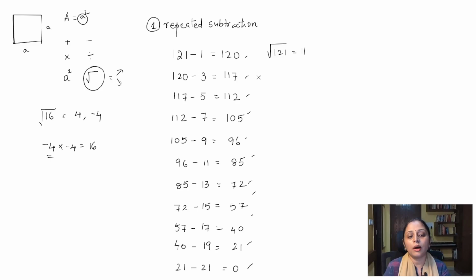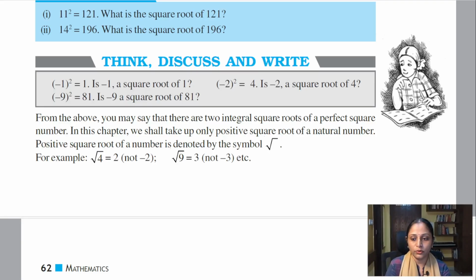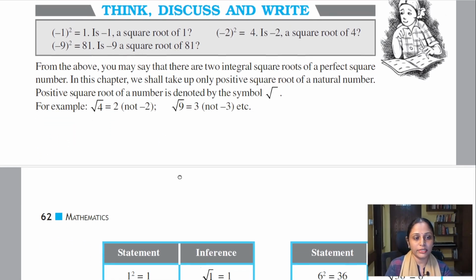So this is about the repeated subtraction method in order to find the square root. Now in the textbook, they have given a lot of such sums where they're asking us to find the square root. It's the exact same method. I want you to try these sums, right? So for example, here they have asked the square root of 196 using repeated subtraction.